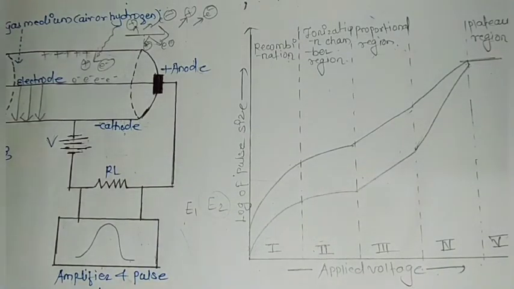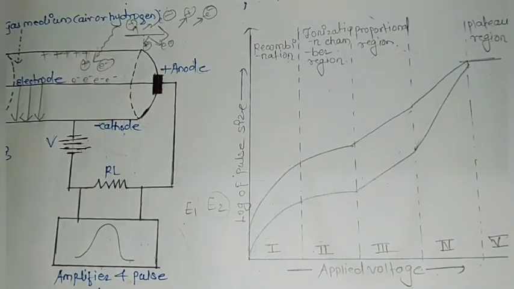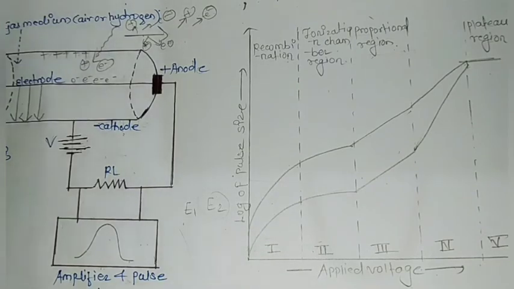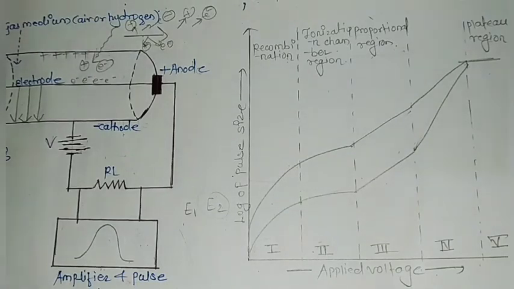Now as you can see here, in the plateau region, we end up getting only one signal, corresponding to the ionization of the entire chamber. Therefore we cannot distinguish between a low energetic and a high energetic particle, because both of them will create the same amount of current pulse.